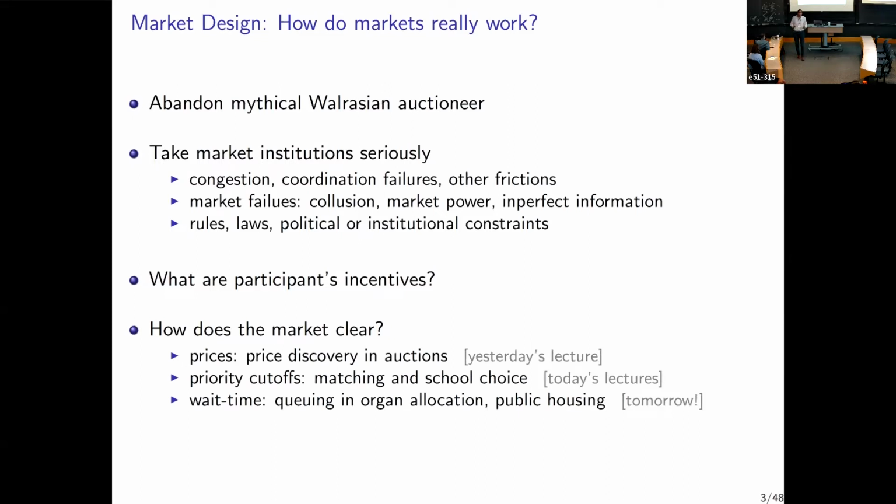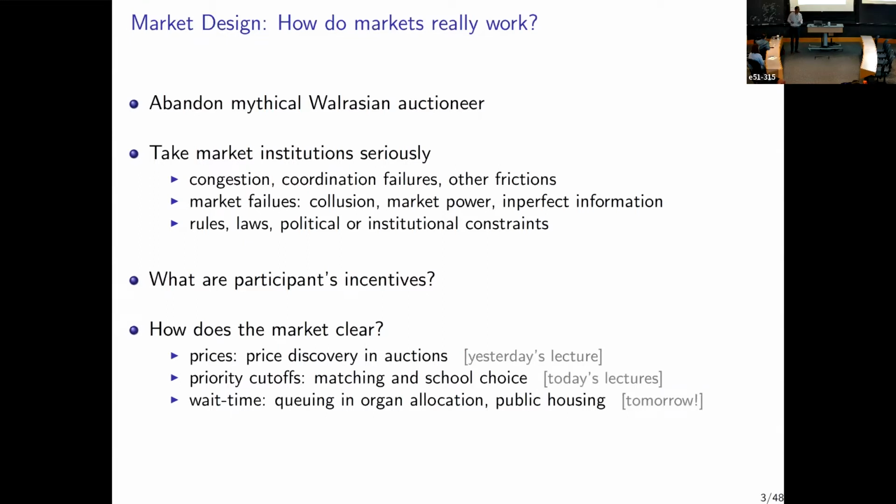Okay. So yesterday in Harrison Jones' lecture, you saw auctions, and in that case, we're trying to discover a price at which the good is going to sell or the procurement is going to get contracted, right? Today you'll talk about priority cutoffs. So there are going to be these priority cutoffs that tell what priority each student needs, say, to get into a particular school.